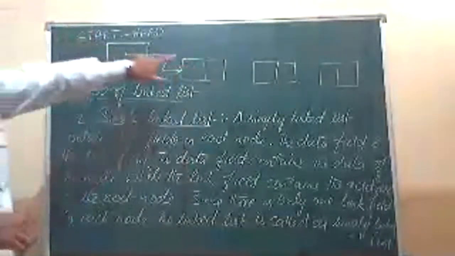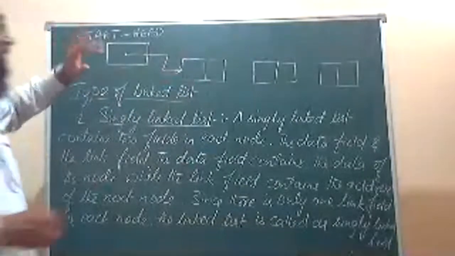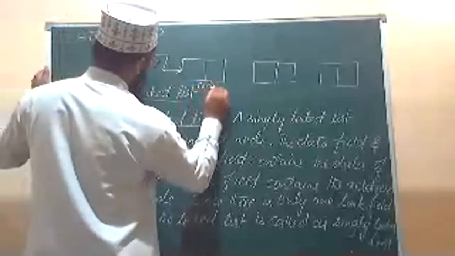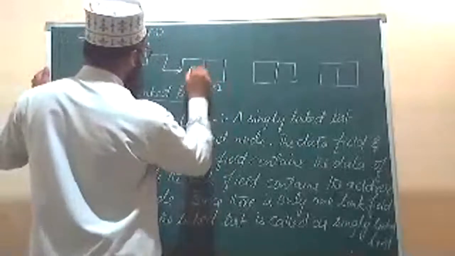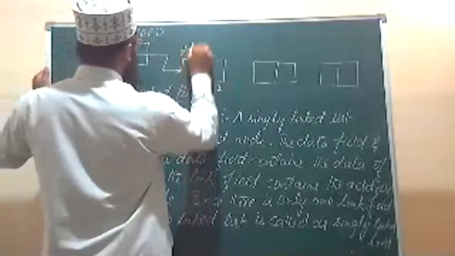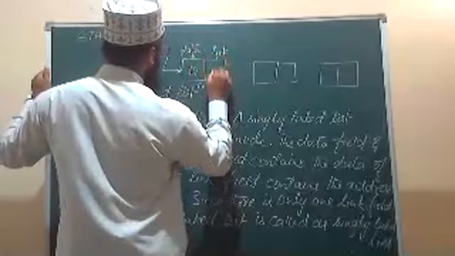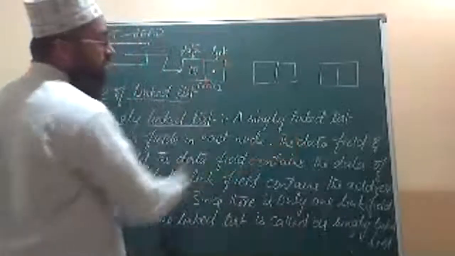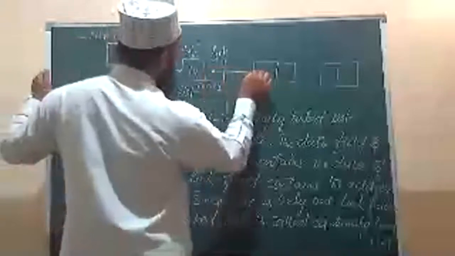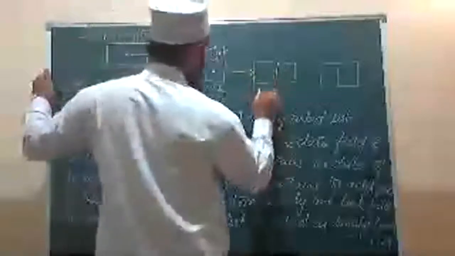I have drawn 3 nodes here. The pointer start connects to the first node. This is node 1. The data field contains some data, and this is the link field in every node. According to this explanation, the link field contains the address of the next node. There is no condition that there are only 2 or 3 nodes; it may be n number of nodes.